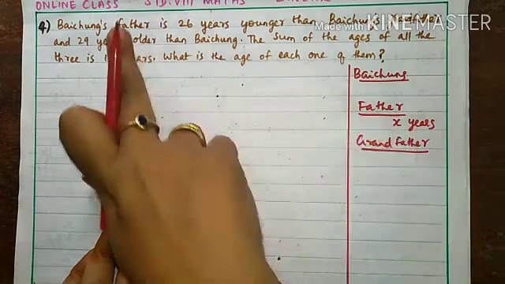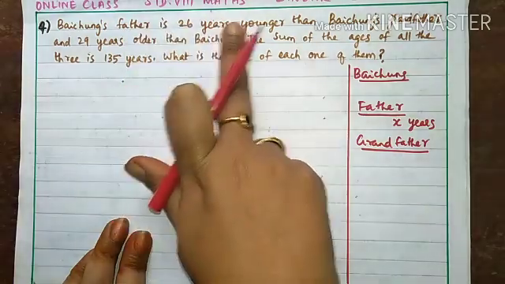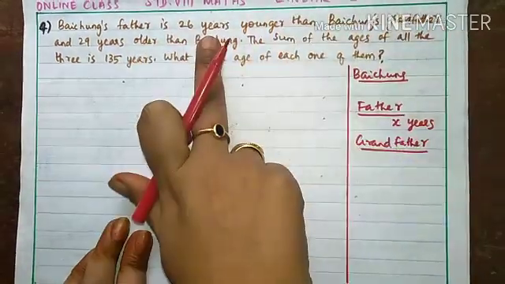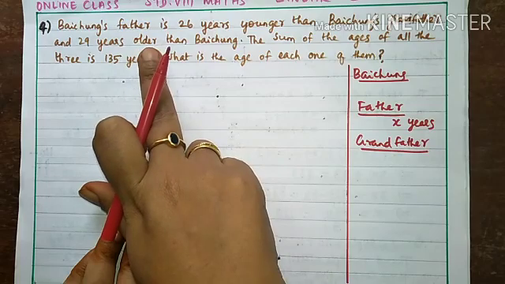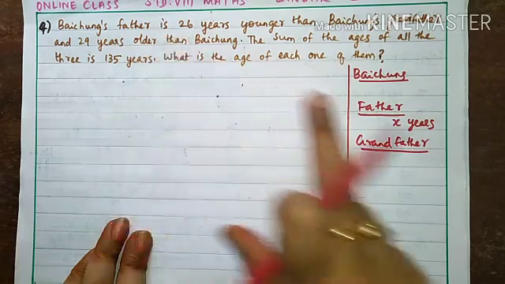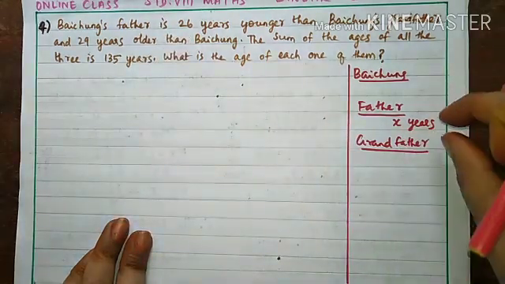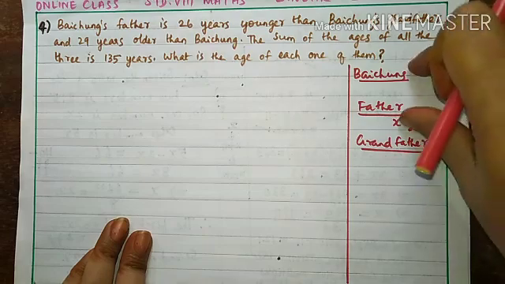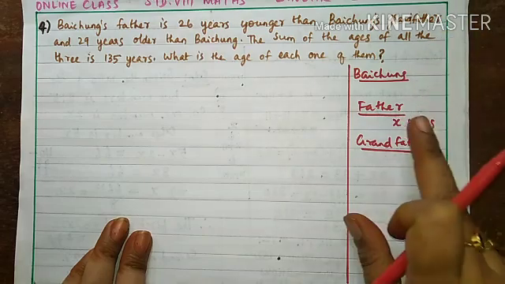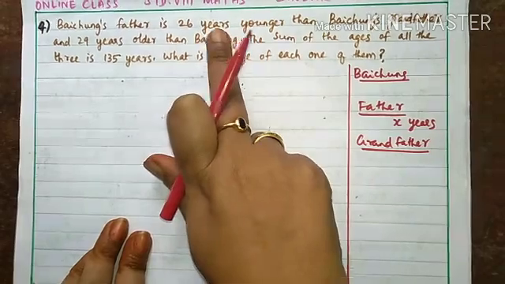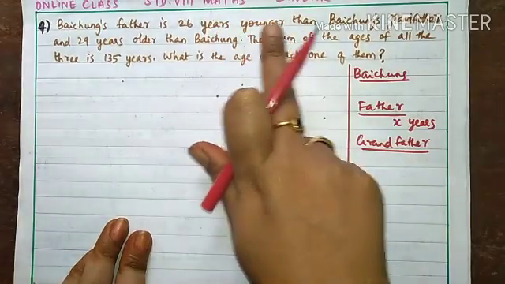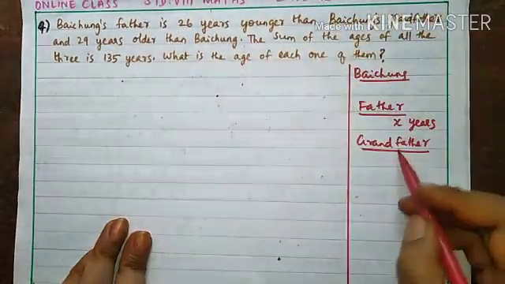Okay, because father's age is related to grandfather and Baichung, it is convenient to take Baichung's father's age to be X years. So from this we can find out other two. How? See, father's age is 26 years younger than grandfather's age.